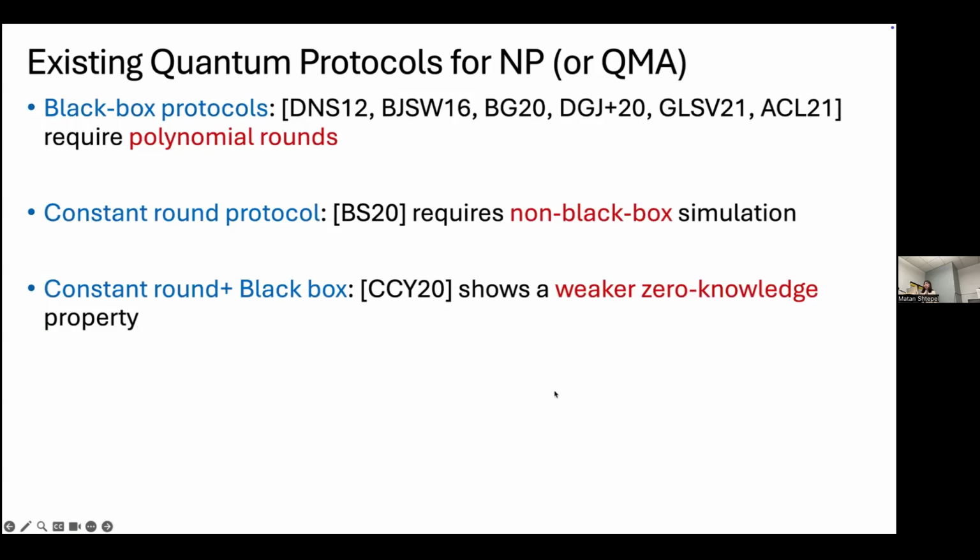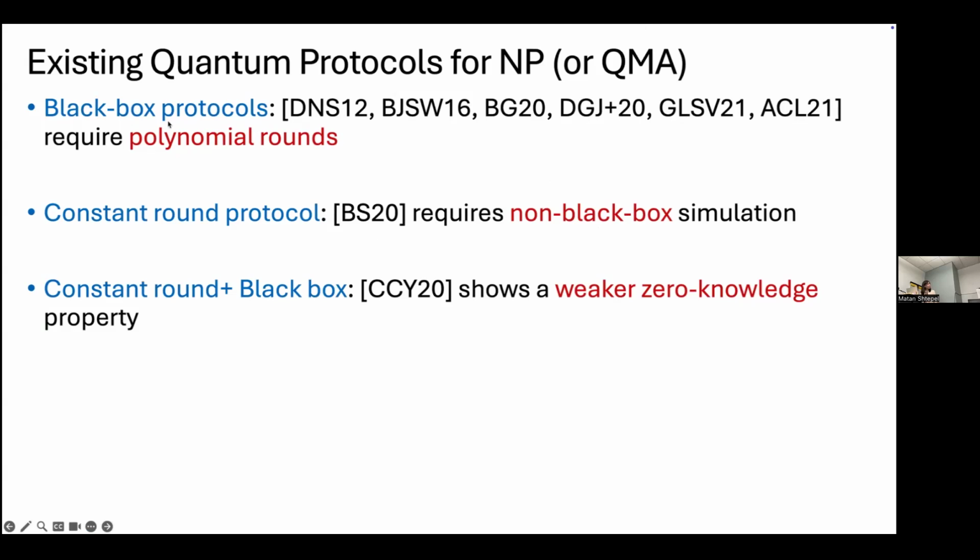So let's look at some existing protocols for NP as well as QMA. QMA is actually the quantum analog of NP. I think Hao asked about it; I will get to that later. In fact, it's enough to care about NP for the focus of this talk.